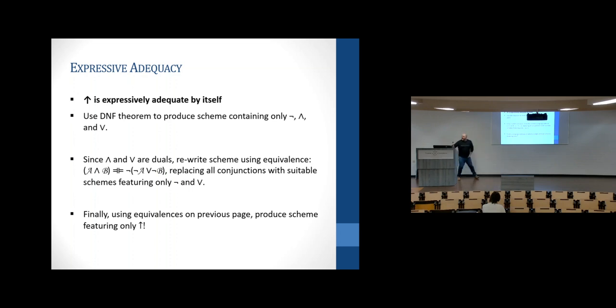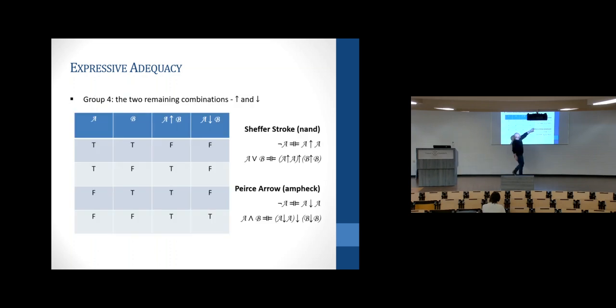And then finally, to go back a slide, we can use this one right here to convert it into just NANDs. And it's going to be real ugly real fast. But we can do it. So that's how we could show that NAND is guaranteed to be expressively adequate by itself.